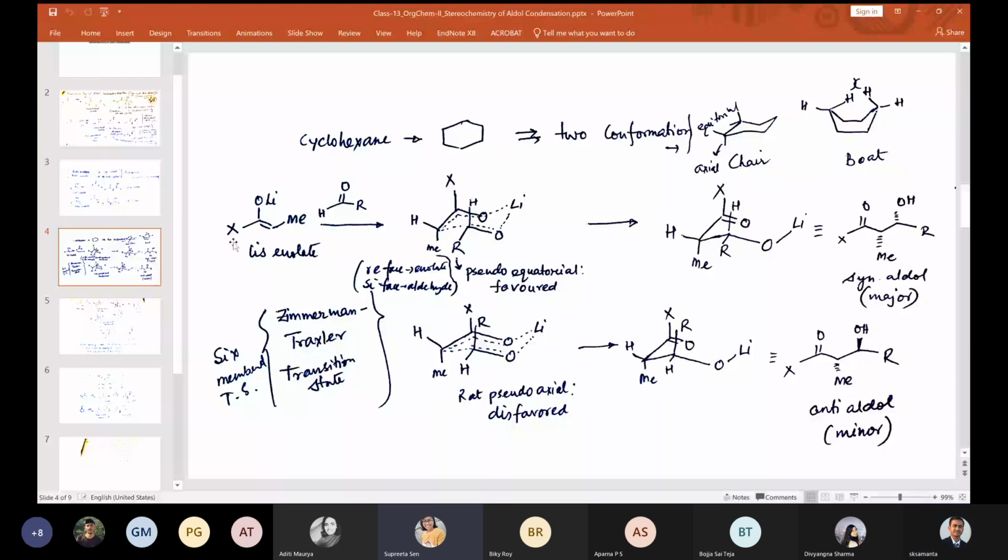In an aldehyde, as we discussed earlier, there are two faces from which attack can be done. One is the re face and the other is the backside or the si face. In the first case we consider the si face first.